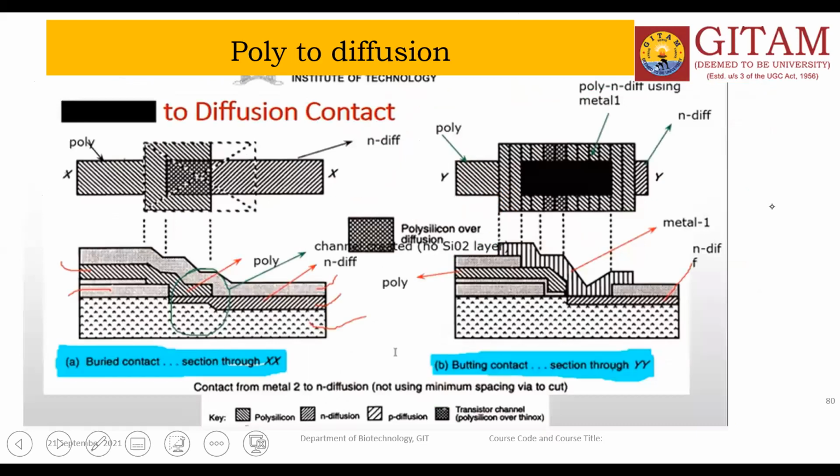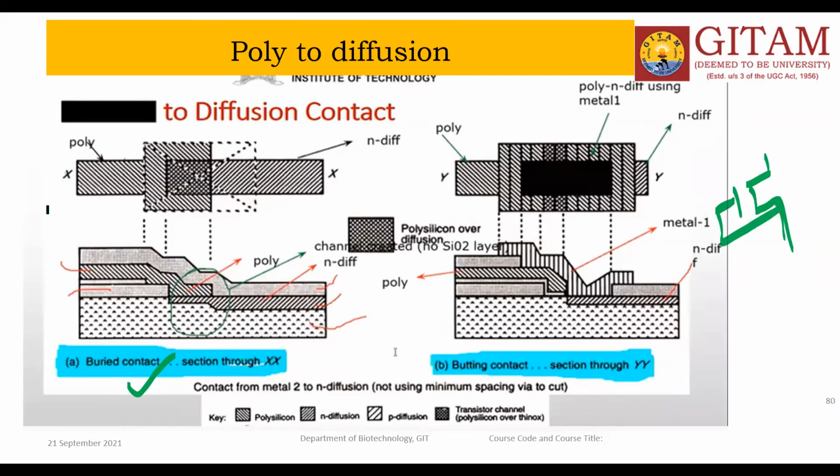Poly to diffusion. I want to join polysilicon and diffusion using buried contacts. As I told you, in depletion MOSFETs the gate is joined with the source. The gate is polysilicon and the source is diffusion.